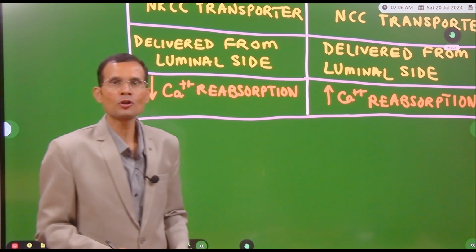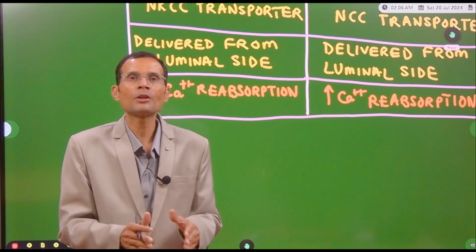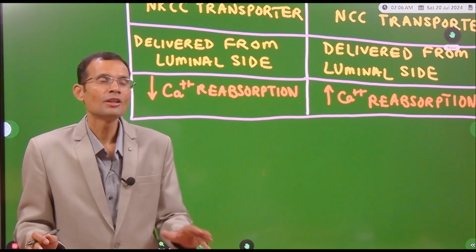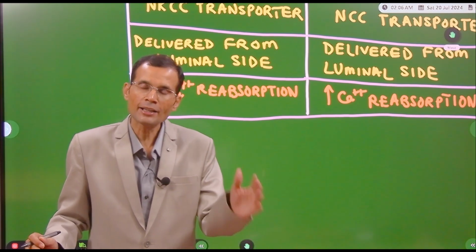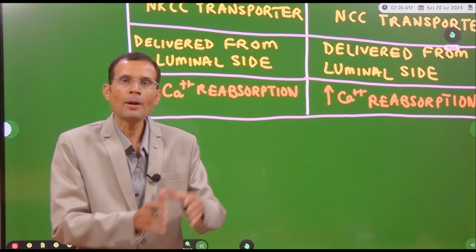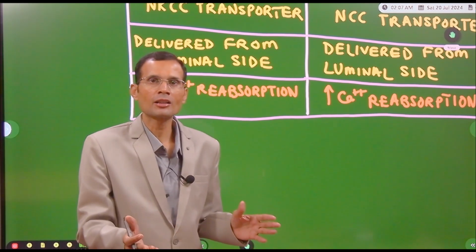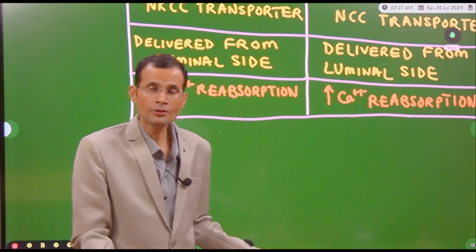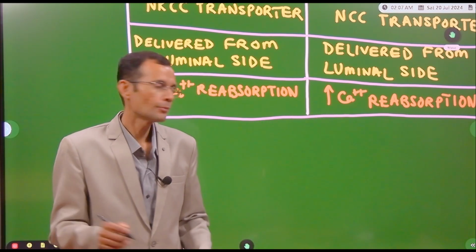Increased calcium reabsorption, thiazide diuretics. That's a key difference between the two. So although they are preventing sodium chloride reabsorption and thereby causing natriuresis and diuresis, that part is the same, but because of their actions on various transporters and various ion transports, this becomes a differentiating feature.